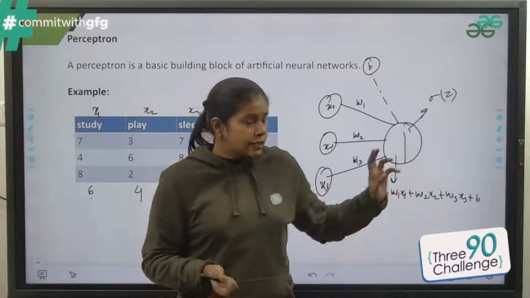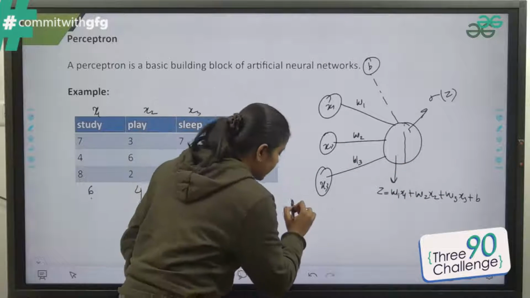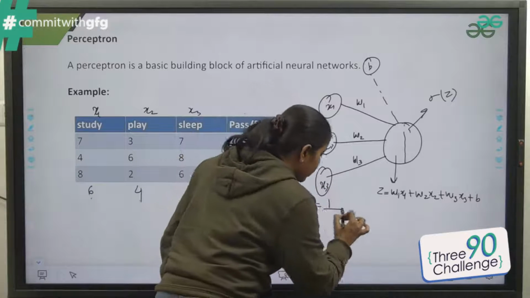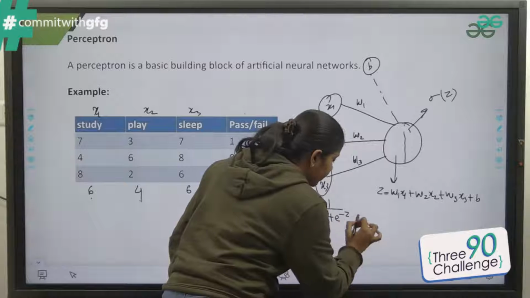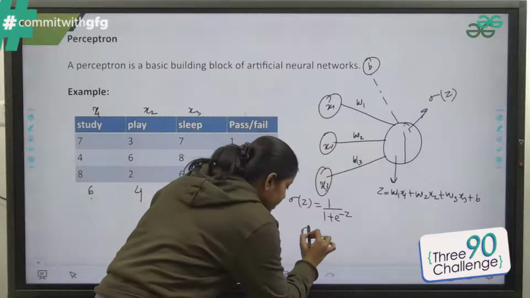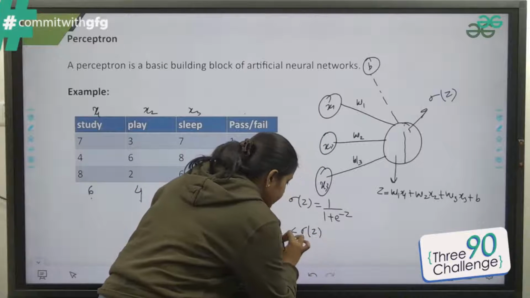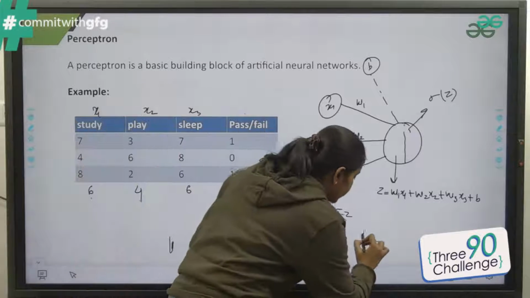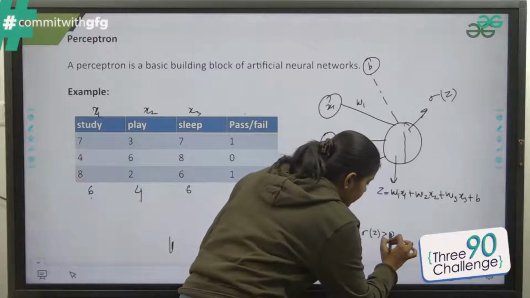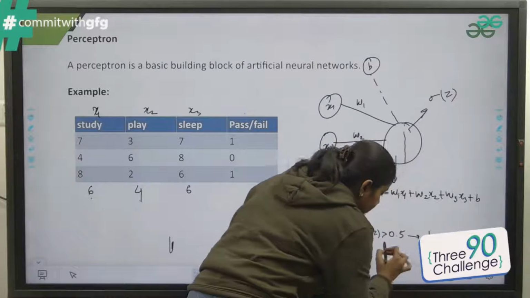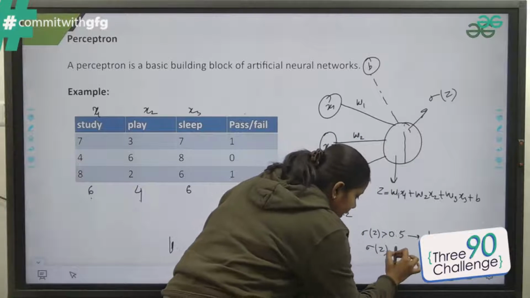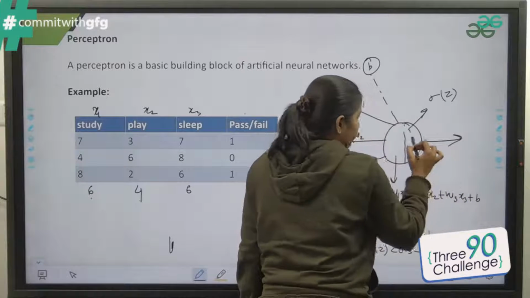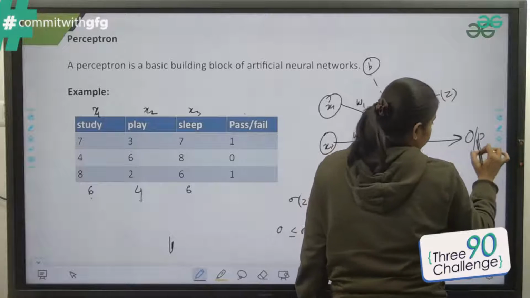Here I'm taking the sigmoid activation function, so I get 1 upon 1 plus e to the power minus z. Sigma z lies between 0 and 1. If sigma z is greater than 0.5, the student passes, that means the output is 1, and if sigma z is less than 0.5, the output is 0, right?